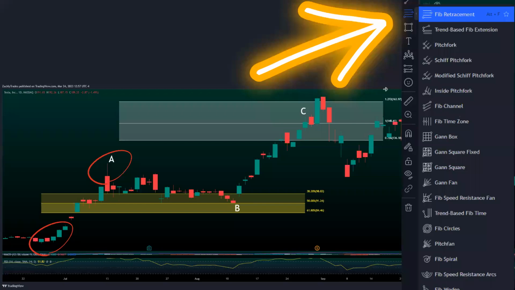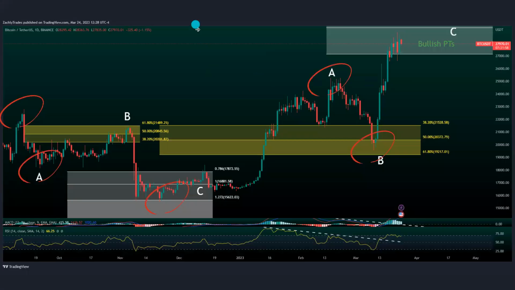Okay, and so what you want to do is if you take a look here, we have it. All right, and so this would be basically in a downtrend, right? So we went over for support. After the move up, you find the support, but you can also do this to find resistance. So if you take a look here, we have our swing high, and then we have our swing low right here.